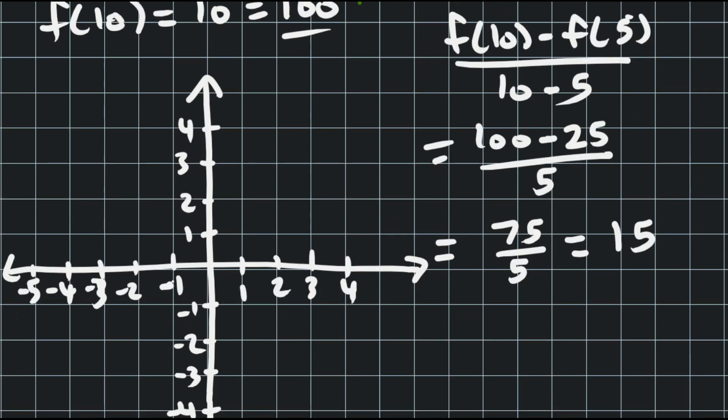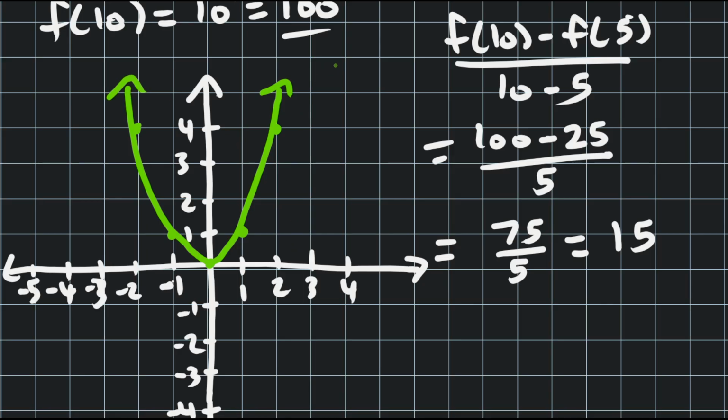We know how to graph this. This is just the standard parabola. So 1, 1; 2, 4; 0, 0; -1, 1; -2, 4. Okay, let's try that again. There we go.